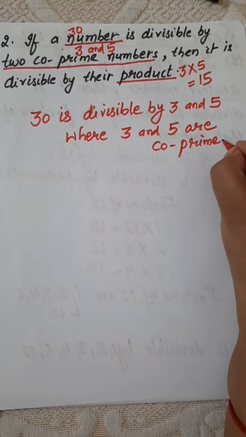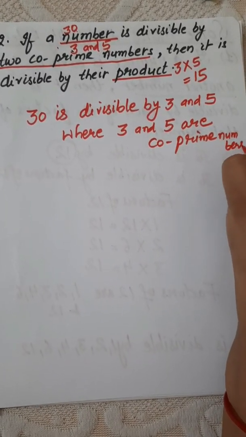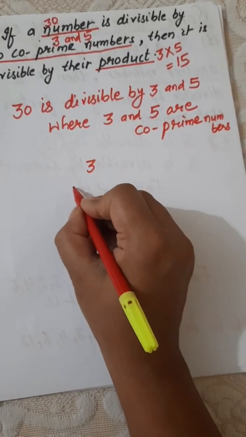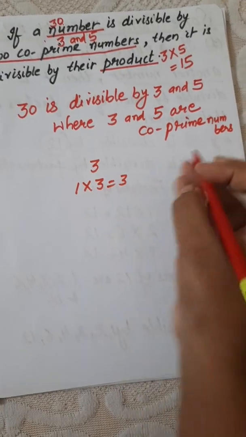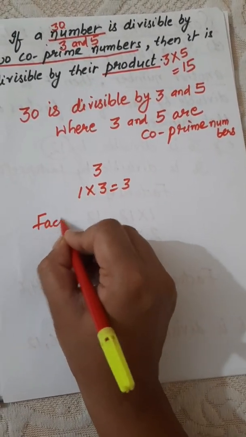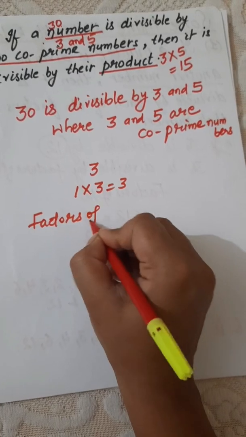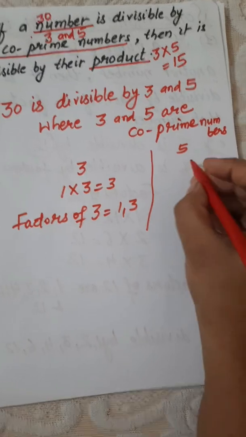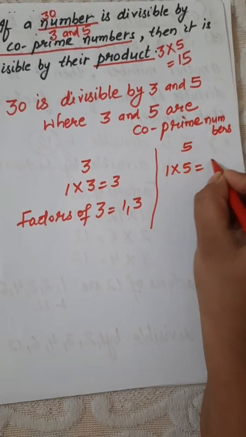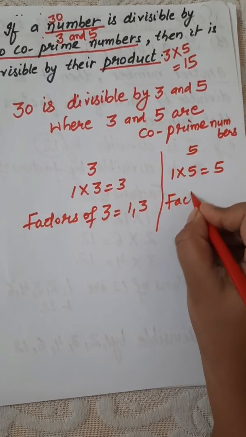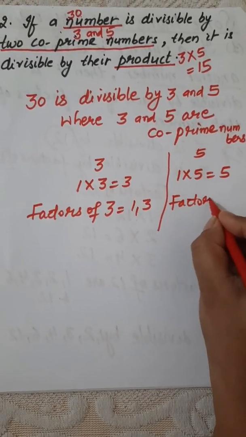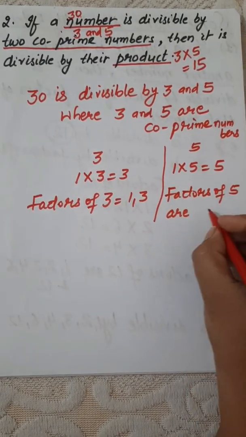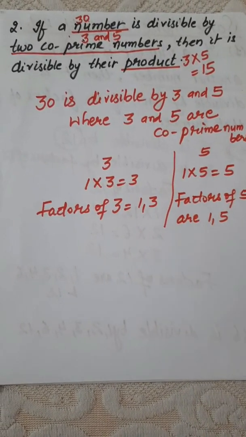Co-prime numbers are the numbers which have only 1 as a common factor. So let's check why they are co-prime. The factors of 3: 1 times 3 is 3, so the factors of 3 are 1 and 3. Then we have 5: 1 times 5 is 5, so the factors of 5 are 1 and 5.